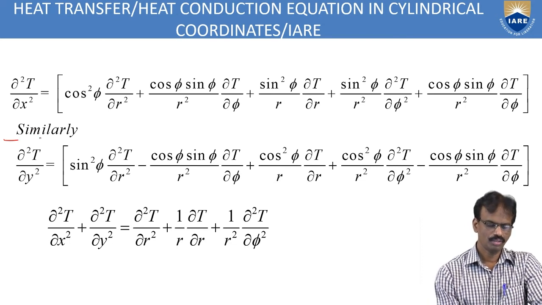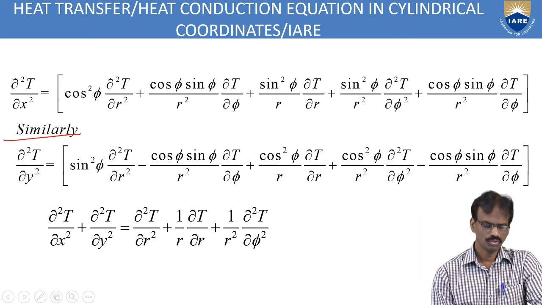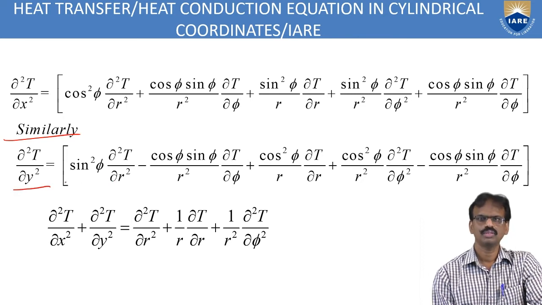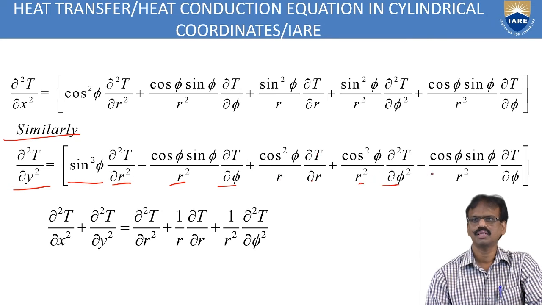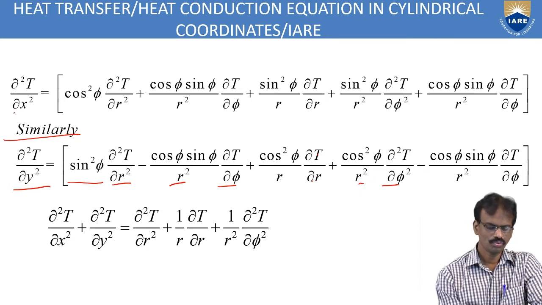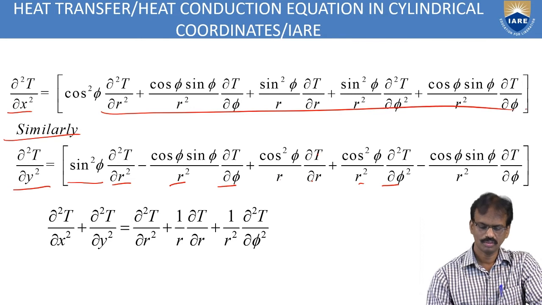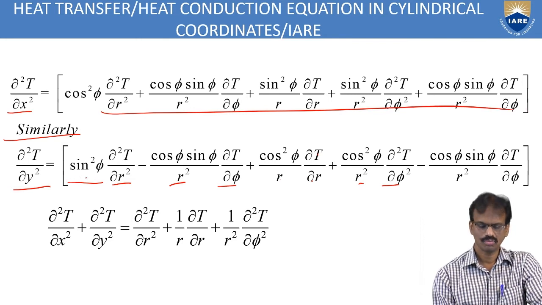So similarly, we'll get this formula: ∂²T/∂y² is equal to sin²θ ∂²T/∂r² minus cosθ sinθ/r² · ∂²T/∂θ∂T/∂θ plus cos²θ/r · ∂T/∂r plus cos²θ · ∂²T/∂θ² / r². So ∂²T/∂x² is equal to this one, and ∂²T/∂y² is equal to this one.